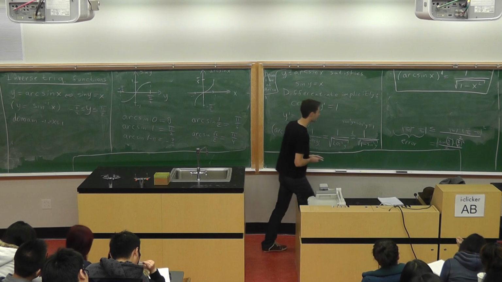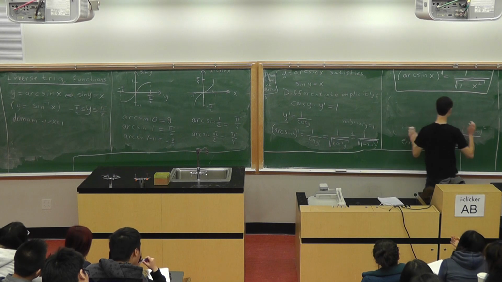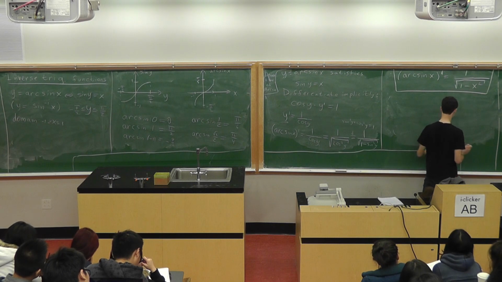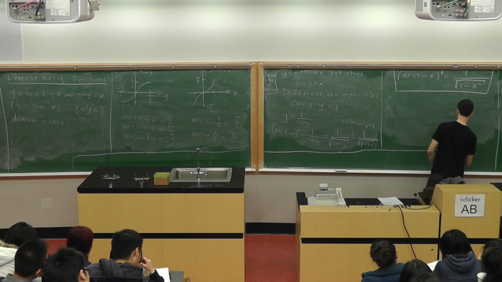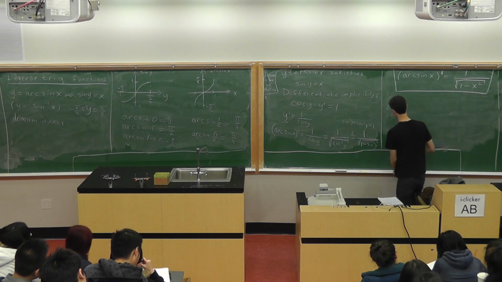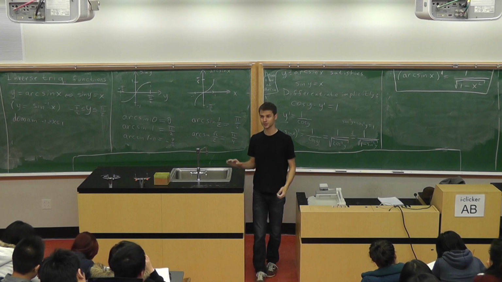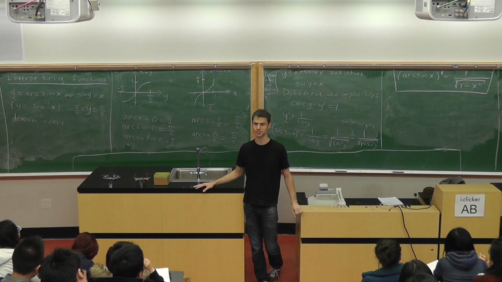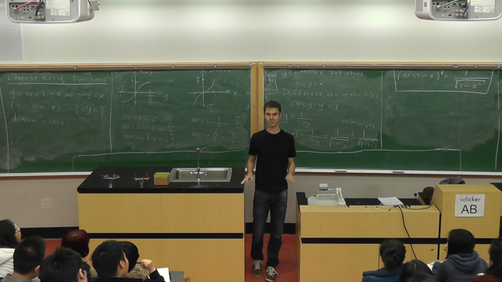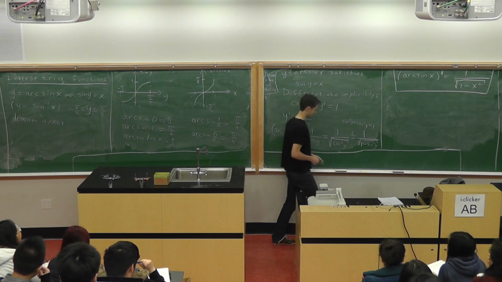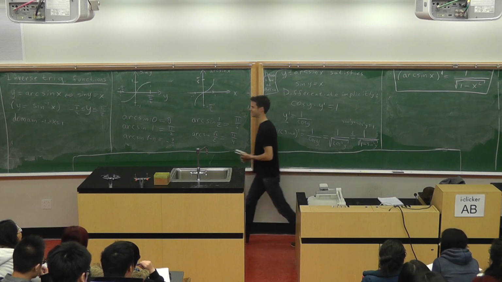So remember this formula. And later in the next course it will be useful for integration of some functions. So you will see it once again, at least once again.